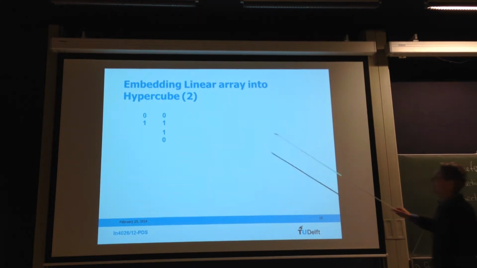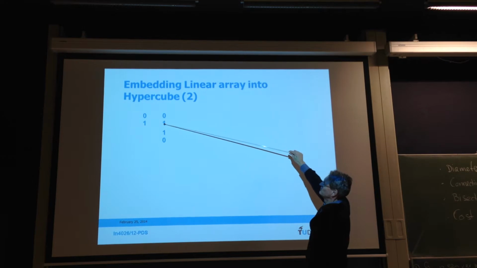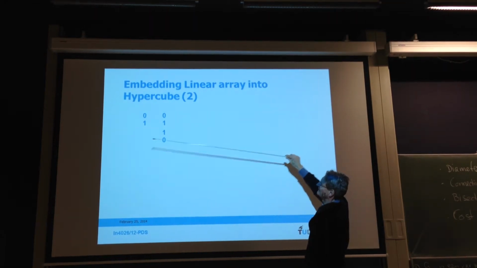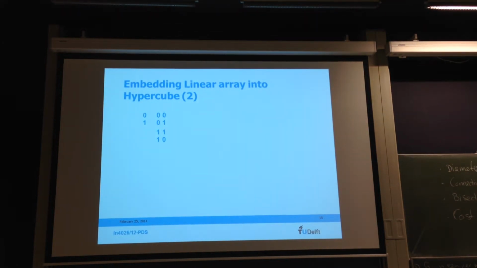So we mirror this pattern along this axis. So 0, 1 becomes here, we add 1, 0. And then we append 0 to the top half and 1s to the bottom.